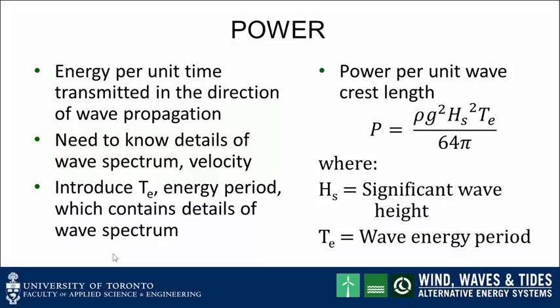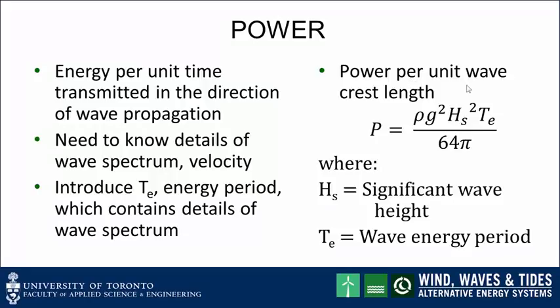We need to know the details of the wave spectrum, its wave propagation velocity, and so forth. We can get around that to create a very simple formula by introducing the energy period, T sub E, a period based on the energy content, which contains details of the wave spectrum.